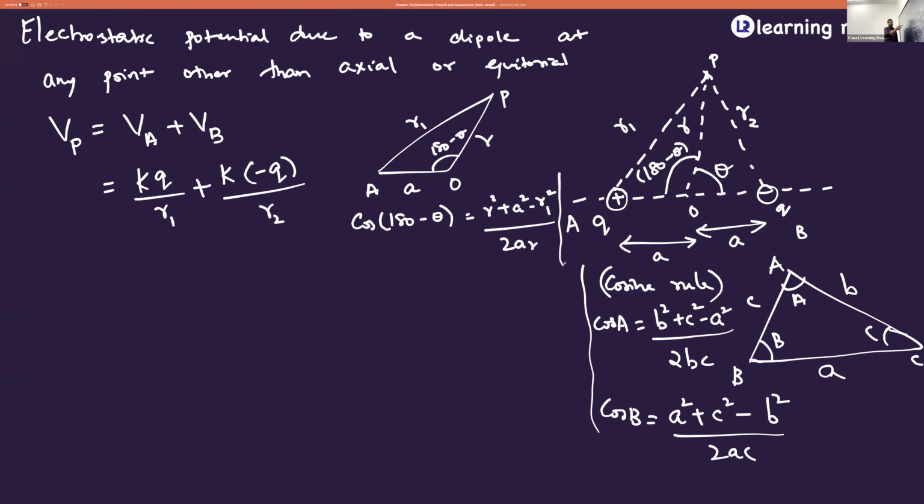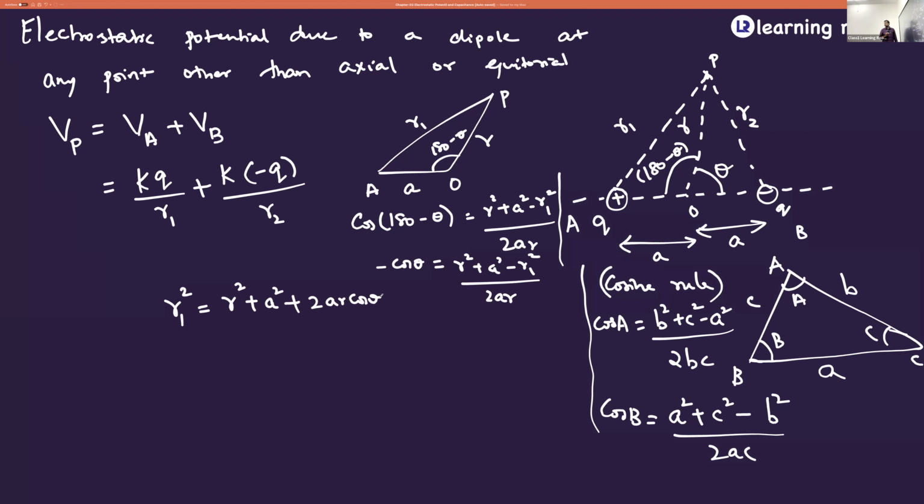But what is cos of 180 minus theta? It is negative of cos theta because it is in the second quadrant. This will be equal to R square plus A square minus R1 square divided by 2 times AR. So cross multiply this. Can I write R1 square is equal to R square plus A square plus 2 times AR cos theta?